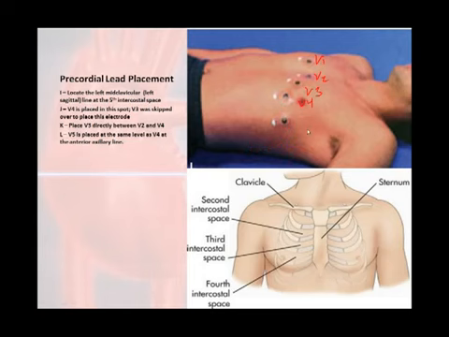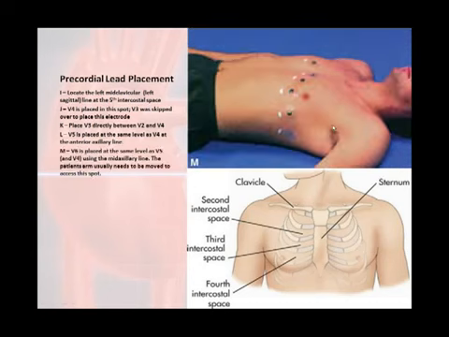V5 is placed at the same level as V4, but at what's called the anterior axillary line, basically the front part of the armpit. You find the crease here on the anterior axillary, and you place V5 at the same level as V4. That is where V5 would be placed.